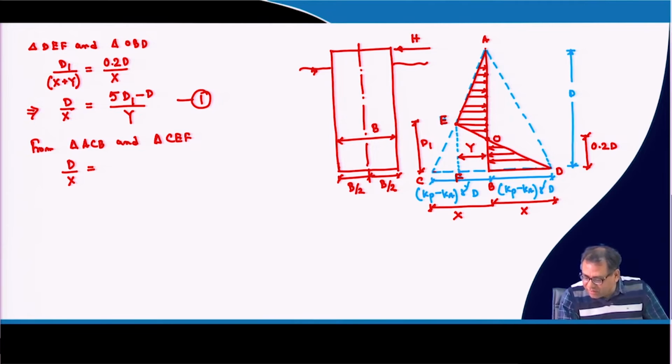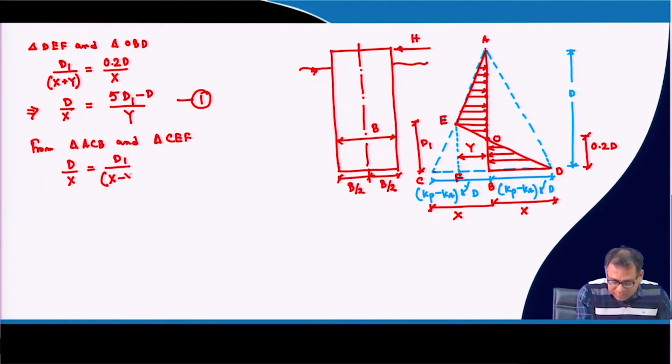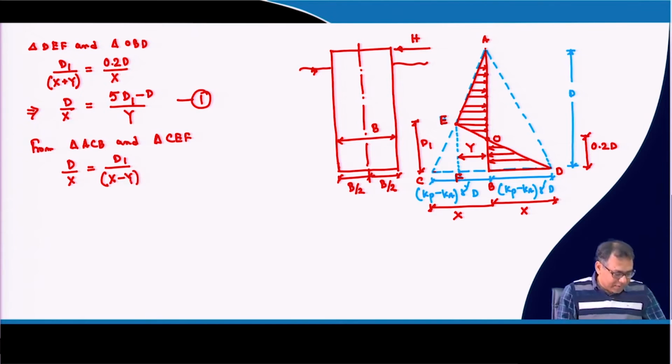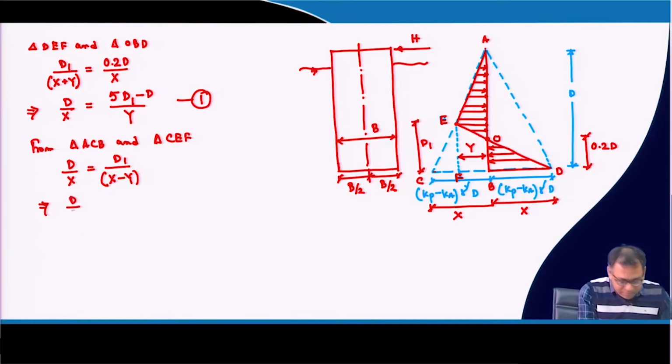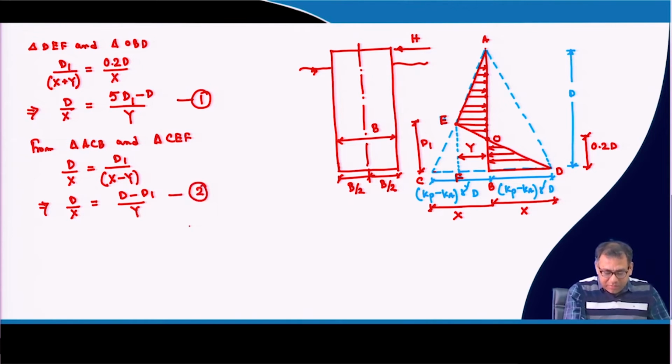If this is x and this one is y, this distance will be x minus y, and this height is d1. If I simplify this equation, then d by x is equal to (d minus d1) divided by y. This is equation number 2.